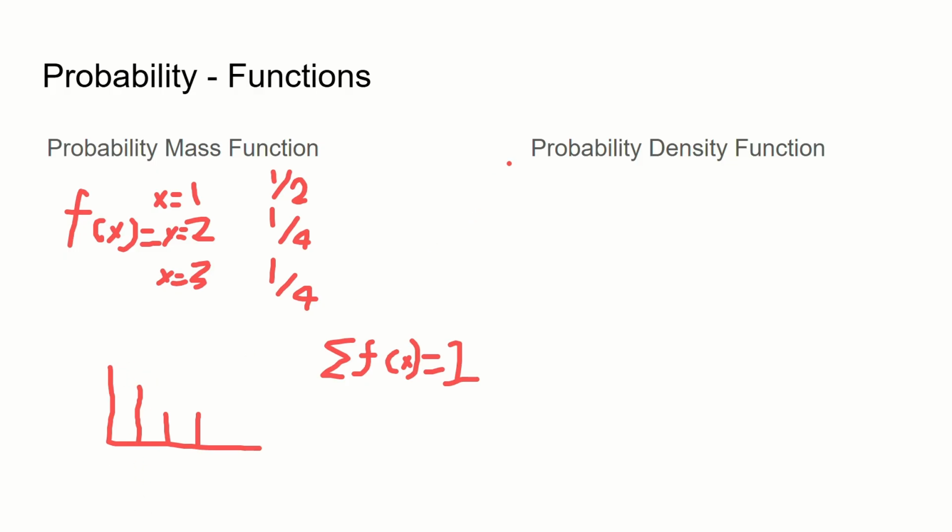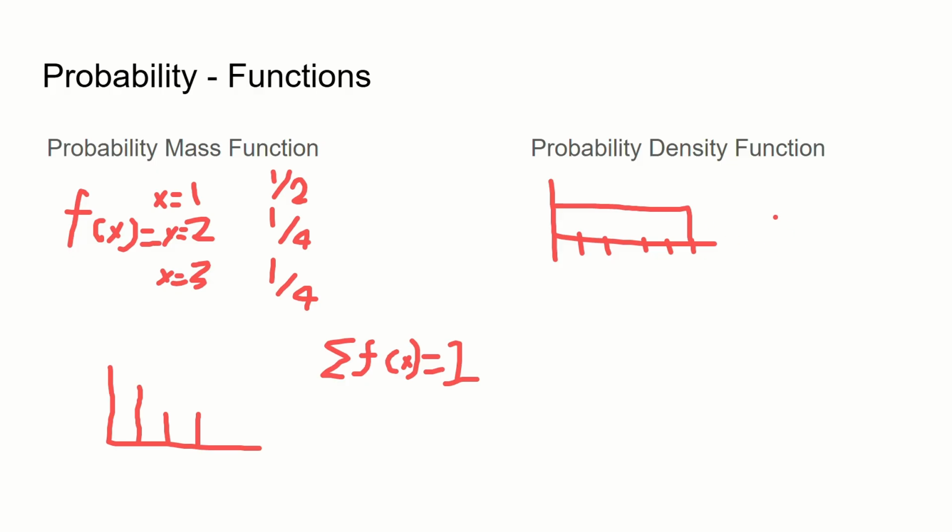But what if, instead of using a discrete value where we could get 1, 2, or 3, we simply know a range and it could be any number in that range, not just whole numbers, but any real number? That would be a density function. So let's say between 1 and 5 there's an equal chance of getting anywhere.